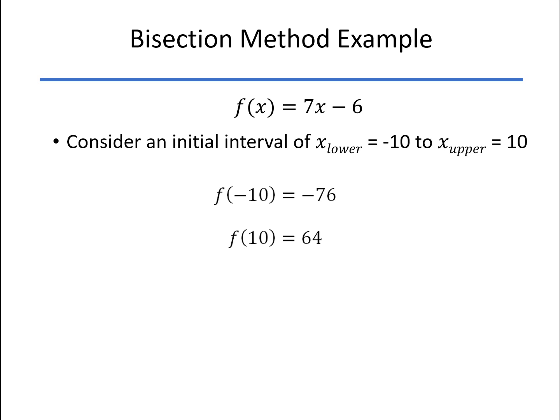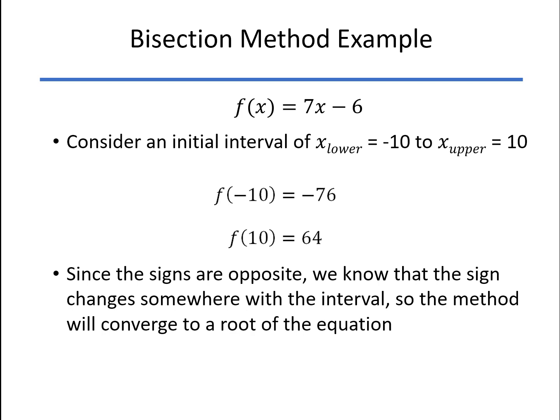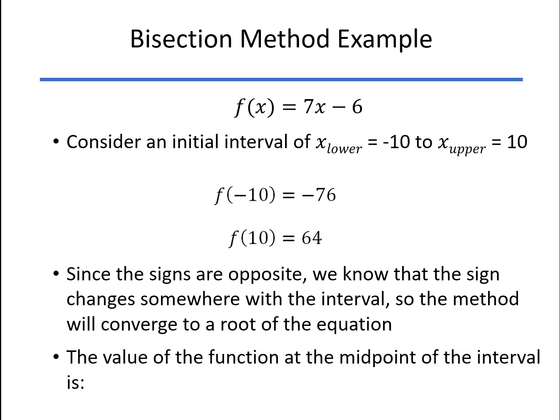So somewhere in between, there is a value of x that satisfies this equation, and we're going to find it by having this minus 10 to 10 interval, halving it again, etc. So again, we know that somewhere there is a solution between x equals 10 and x equals minus 10. Now, let's look at what happens in the middle of that. If we put in a value of 0, which is in the middle of minus 10 and 10, f of x is equal to minus 6.